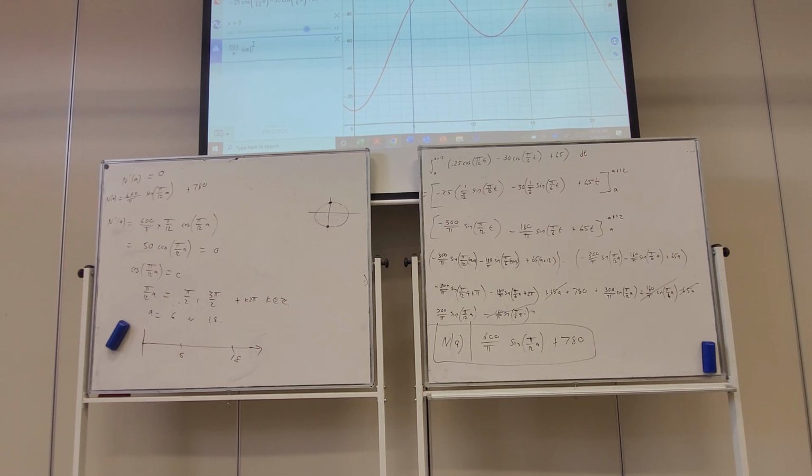Sine of pi on 12x plus 780, and y dollars, because now it's number of cars. So let's put that at 1,000. Okay, so what you can see, we have the max at 6 and the min at 18.